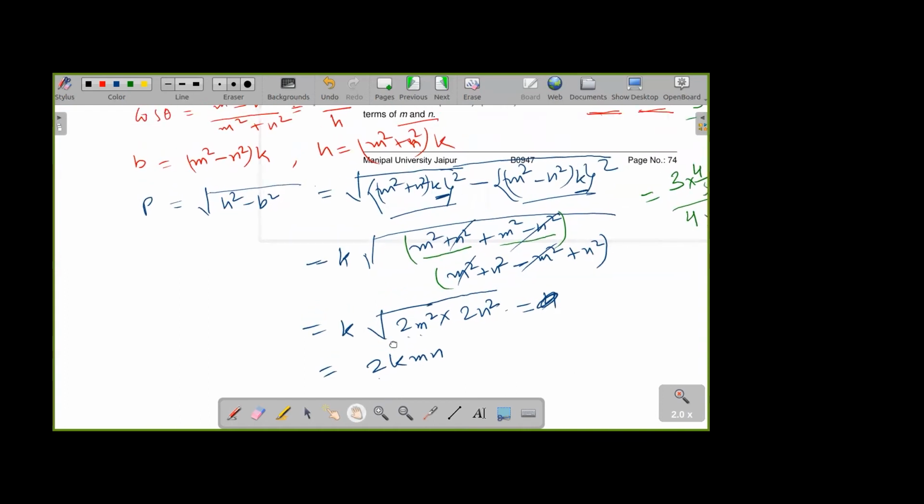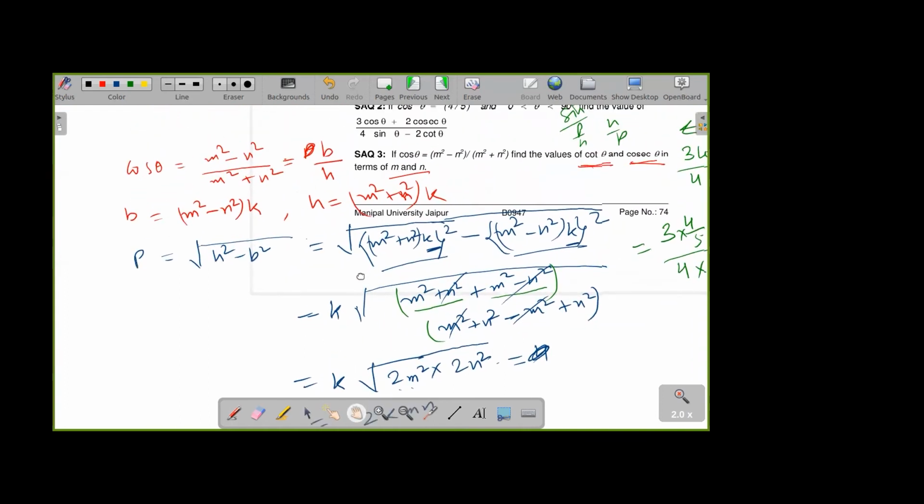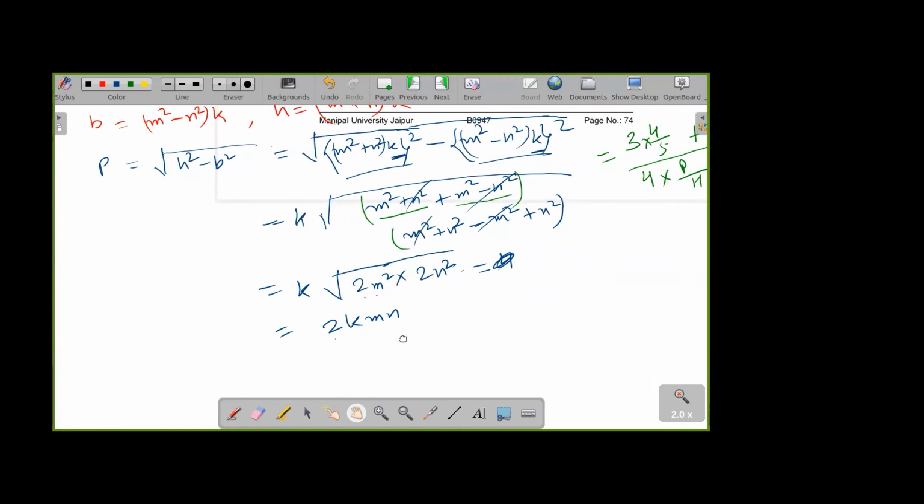There is a question: should it be 2m square plus 2n square? No, it will be multiplied, because we are doing a plus b multiplied by a minus b.